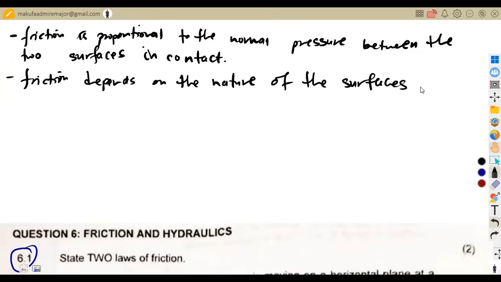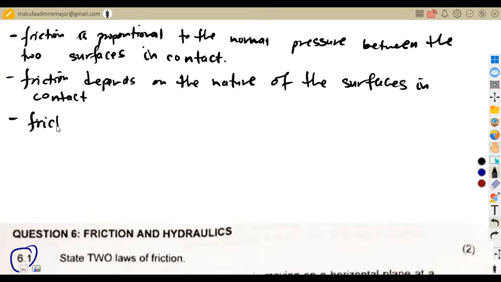All right, so that is what we are going to have again. So we just need two, but let's just add. It is also independent of the area.